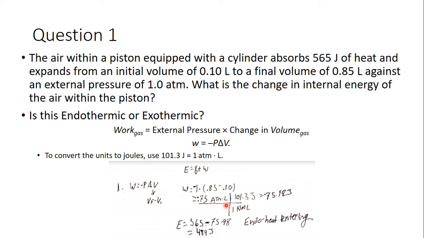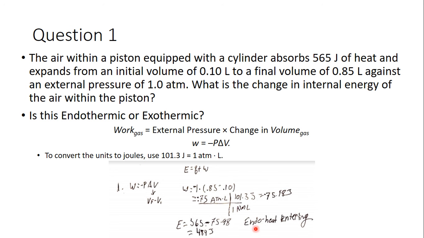So we have work and we have heat. We have to figure out if the value of heat is positive or negative. Since the heat's being absorbed, that means it's positive. If you're taking heat within yourself, that's positive heat. If heat is leaving you, that's negative heat.